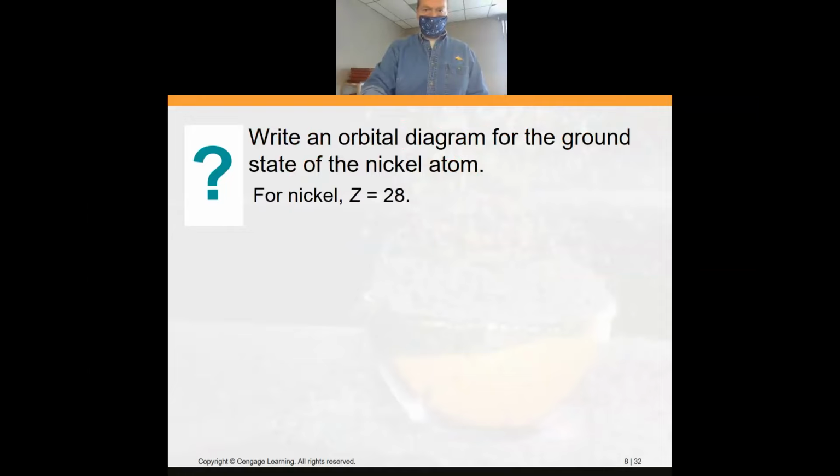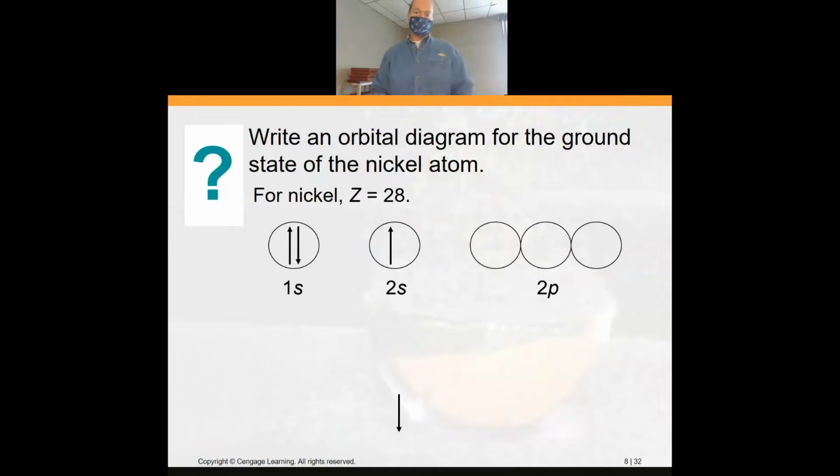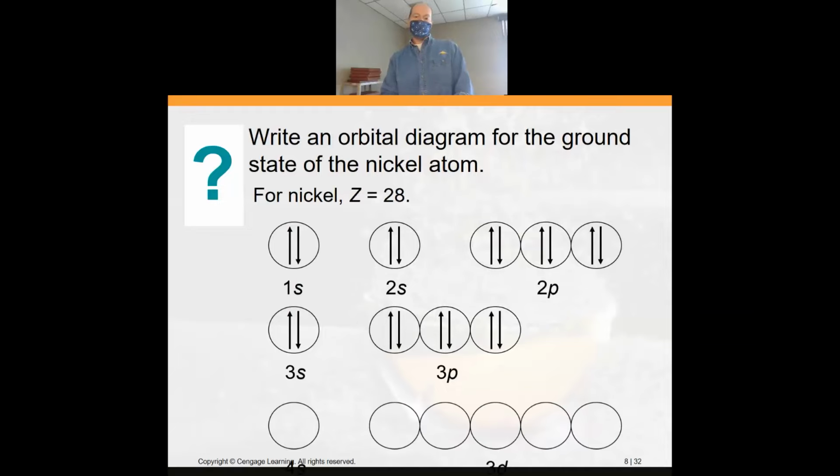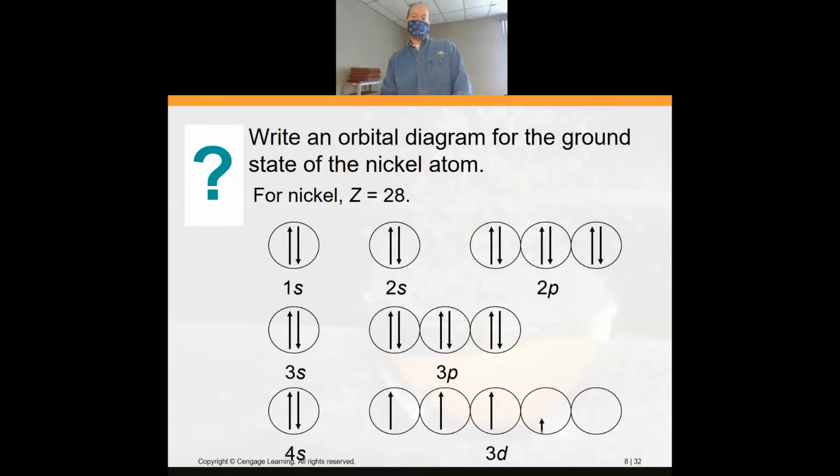All right, so let's look at nickel. Nickel is 28. So you have your 1s2, your 2s2, your 2p6, your 3s2, your 3p6, and then you have your 4s2, and then you have your 3d8. And that is how you would put in the 8 electrons. I would do it with the noble gas core: there's your helium, there's your neon, and here's your argon, and then 4s2, 3d8.